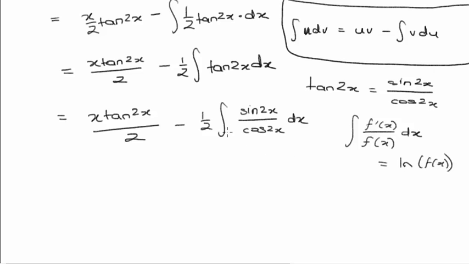And in the problem that we're dealing with, we do indeed have an f prime of x on f of x. The only problem is that when we treat f of x as cosine of 2x and we differentiate that, we're not going to get positive sine 2x, we're actually going to get negative 2 sine 2x.